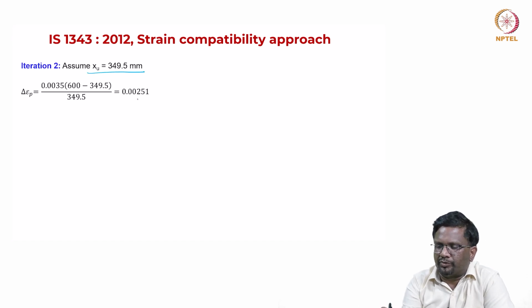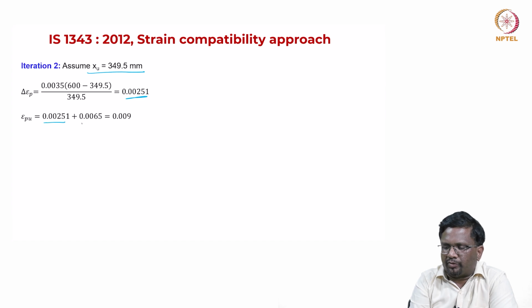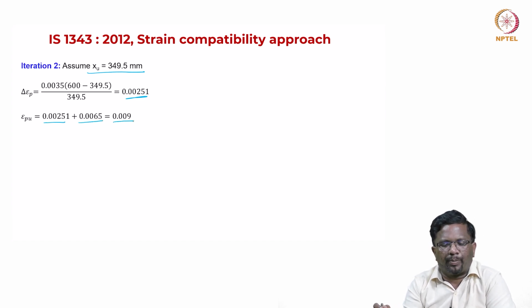Delta epsilon P is working out to be this. Again, for this revised neutral axis depth, we put 600 minus this by this, again similar triangle is this, and epsilon Pu for the revised neutral axis depth is 0.00251 plus 0.0065, which is 0.009.